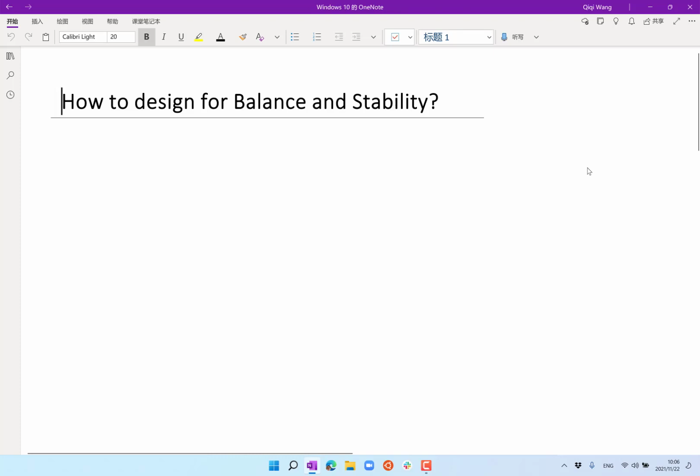Yeah, in the quiz, I see a lot of difficulties in understanding balance and stability. Right, so this is not really about aerodynamics. I didn't emphasize it enough in the lectures because I thought this was more general mechanics rather than aerodynamics.